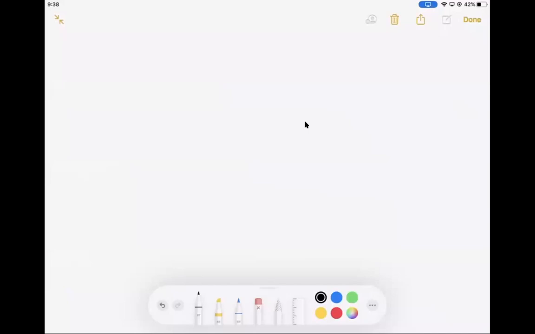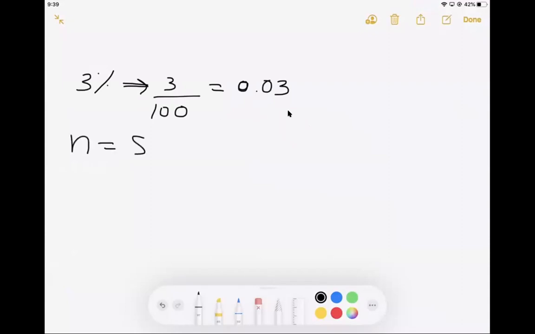This is slide number 39, example twins. Here it says 3%. Please remember, if it's 3%, then you have to write it this way: 0.03. 3% means not just 0.3, it's 0.03. Now what is our n? 8,000.